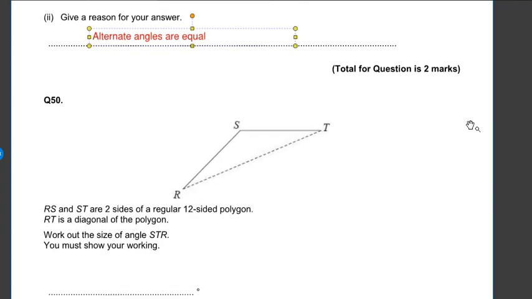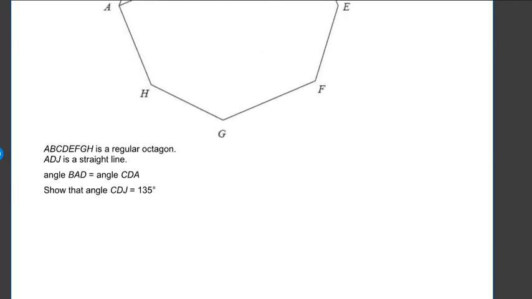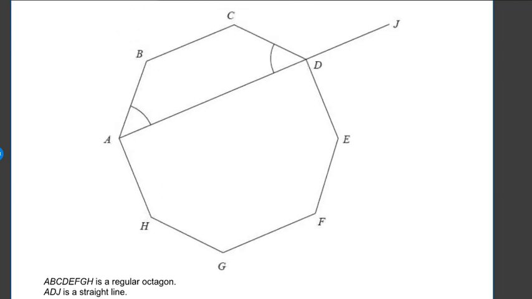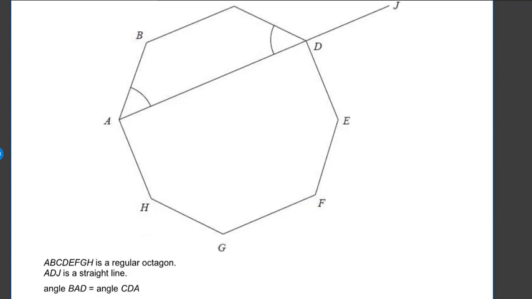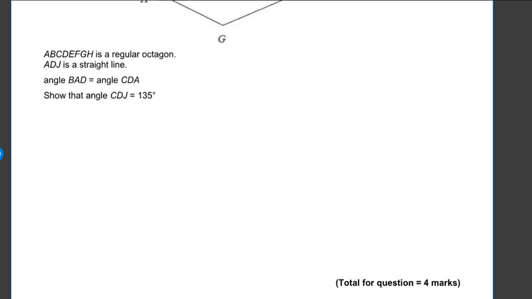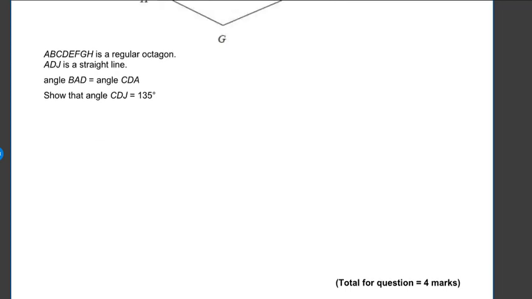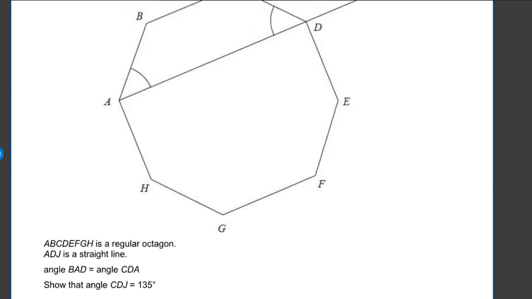Alright, I mean, what else can I do here? I was told to look at angles. What does that mean? This? Maybe I'm wasting my time doing this. What do we have to do? If you hear any weird noises, I live with a person. Show angle CDJ equals 135. Maybe I've done this already, I don't remember. 54.